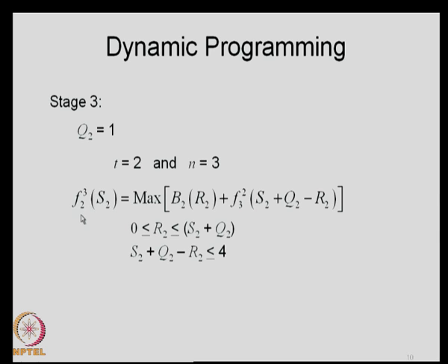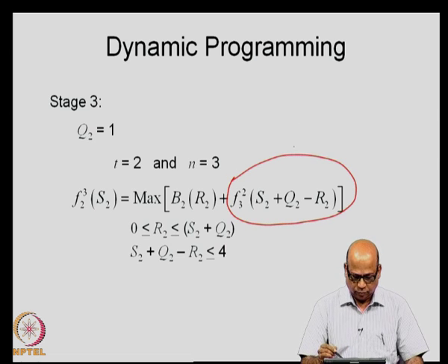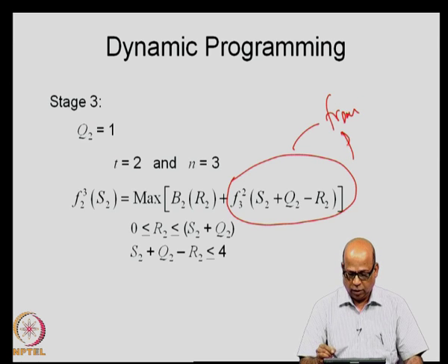So, we write the recursive relationship F2^3, where 2 is the time period and 3 is the stage, is equal to maximize B2(R2), which is the immediate returns from that particular time period corresponding to a release of R2, plus this term here, which is from the previous stage table.